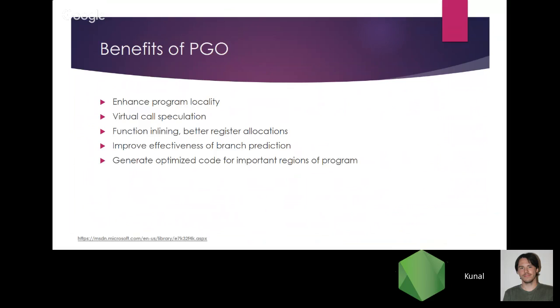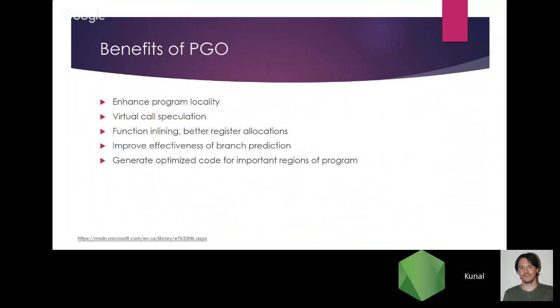There is also the benefit of virtual call speculation. Say you have multiple derived classes and you have some virtual calls. From the profile information, it knows what the most common derived classes were that it called into, and it does some optimization there. There is function inlining, and some better register allocation because it knows what kind of assignments you were doing while recording that scenario.